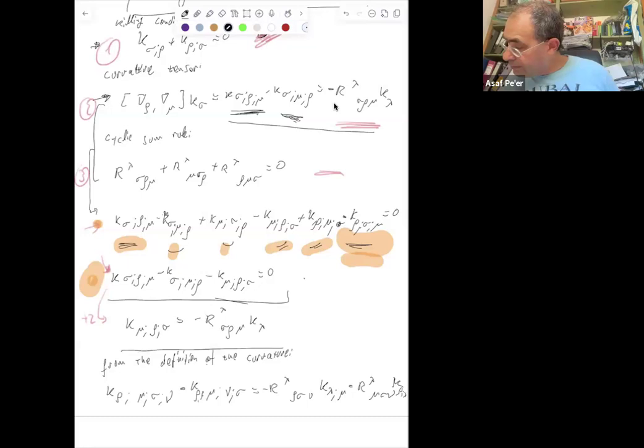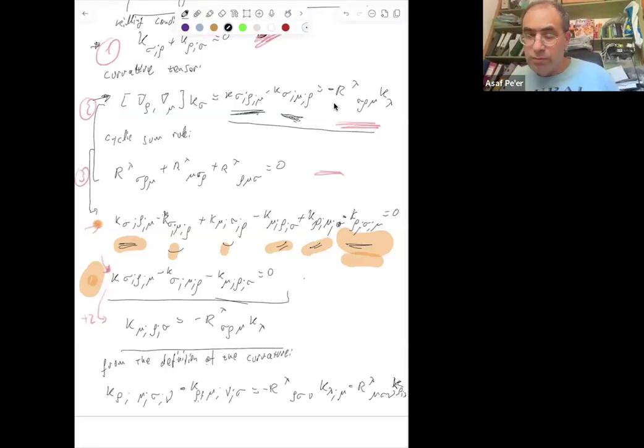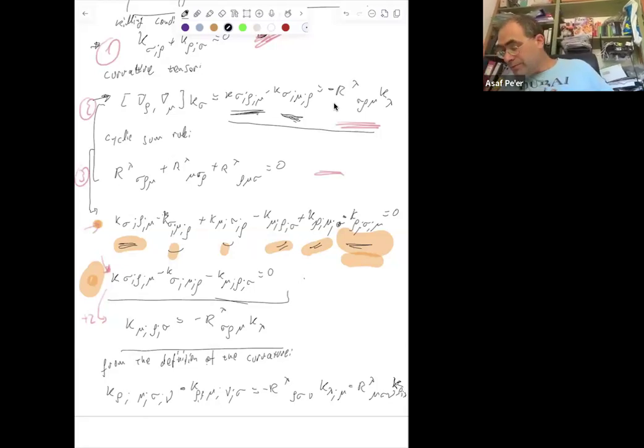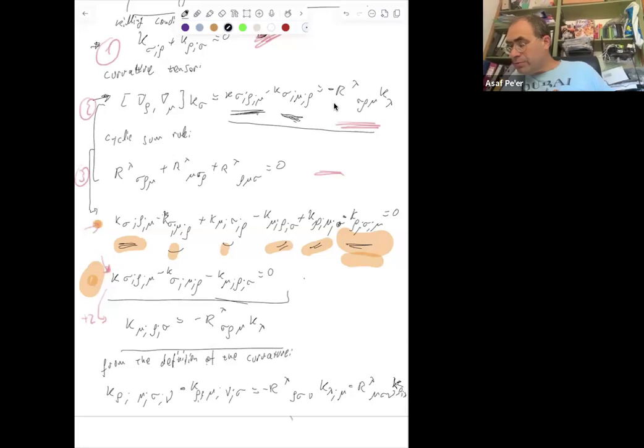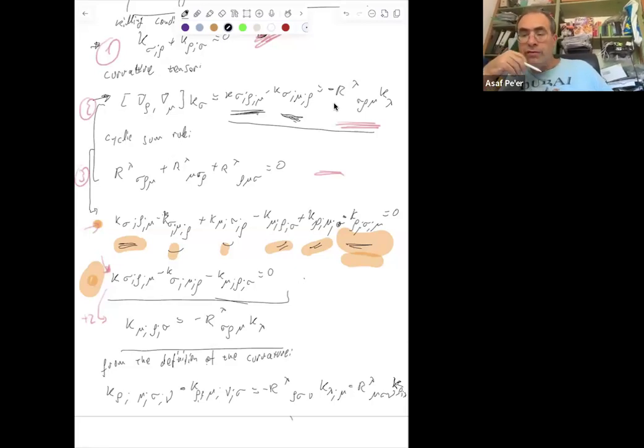So again, I took the commutator of K rho mu, which is a 0, 2 tensor, and so I got these two terms here. Again, go back to the definition of the Riemann tensor.